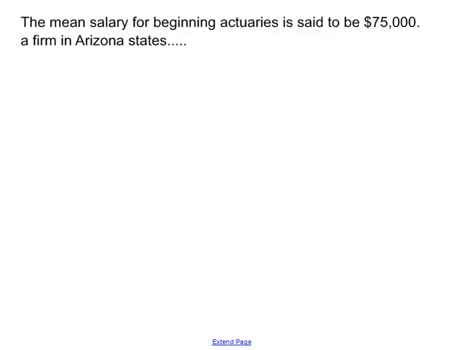The problem says the mean salary for beginning actuaries is said to be $75,000. A firm in Arizona states, and we're going to look at the possible situations that could bring up, first of all, that it is different.